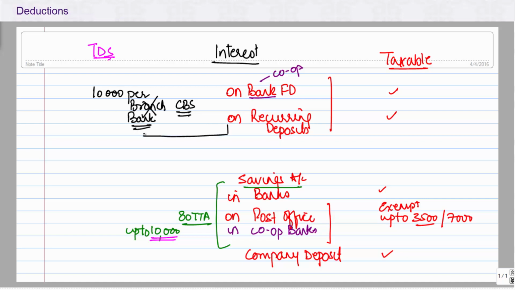A recurring deposit has also been introduced for liability of TDS, and cooperative bank interest is also included. So now the TDS will be deductible on all these as well if the interest is more than 10,000 per bank, and the banks must be following CBS. If the bank is not following CBS, then it is still per branch. So that you must remember as part.